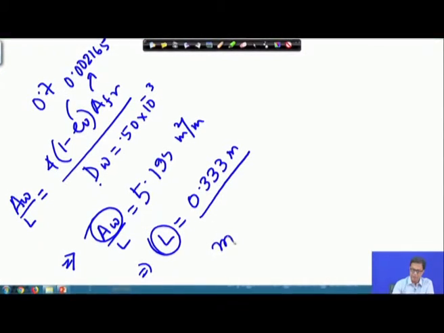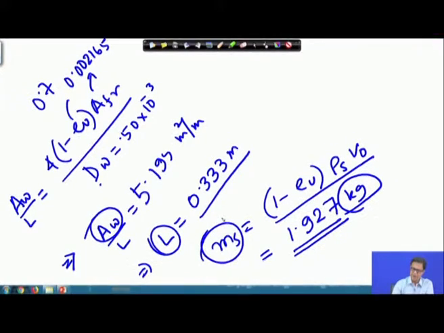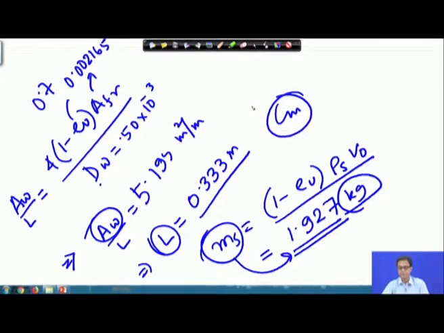So, now we have the mass, that is equal to 1 minus EV multiplied by rho s into V 0, and if we put these values, that comes out to be 1.927 kg of copper screen. Now we have an idea about the MS. So, once we have the MS, we would be able to calculate the CM, because we know CM equals MS CS divided by P 0 and the other parameters.